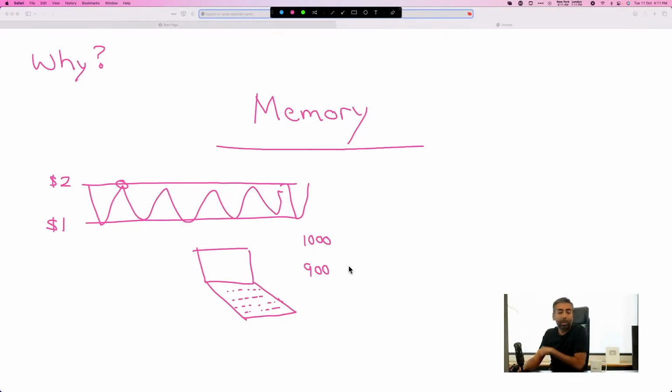When the average price in the market reaches $1,000, all the people with the laptop say, sell it, we'll make some money. But when the prices come down to $900 from the manufacturers, the people say, I should buy it because I know this is a low point. So they go and buy a bunch of it to sell later.